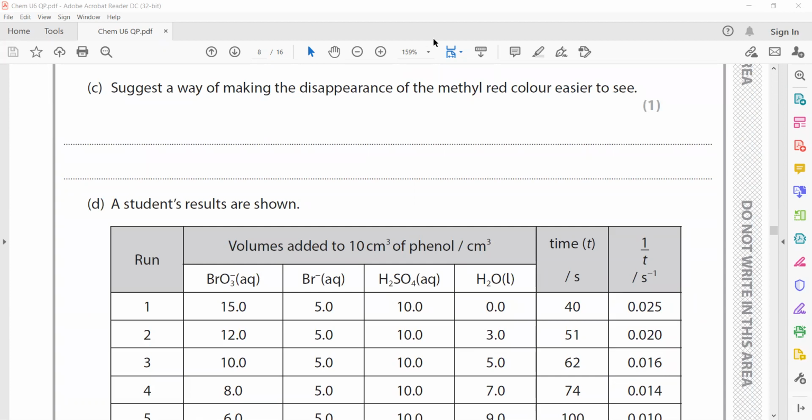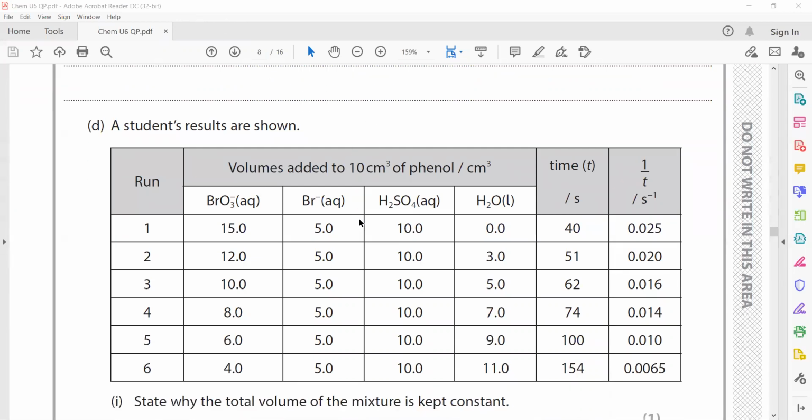Suggest a way of making the disappearance of the methyl red color easier to see. So we can use a white background, so it will be easy to recognize. A student's results are shown. So he's changing the volume of bromate, bromide ion and sulfuric acid.